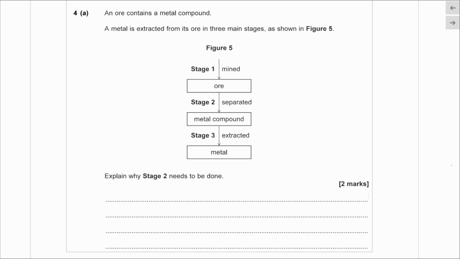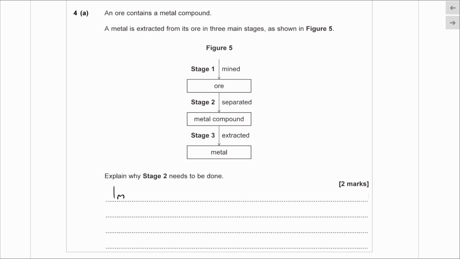Well, from figure 5 we see that stage 1 you mine the ore itself, so you need to get the ore. In stage 2 you separate, right? So what you're separating really is a metal or a metal compound from the rock. And in stage 3 you extract the metal and have the pure metal. Alright, and so what we need to do in stage 2 is we are separating impurities.